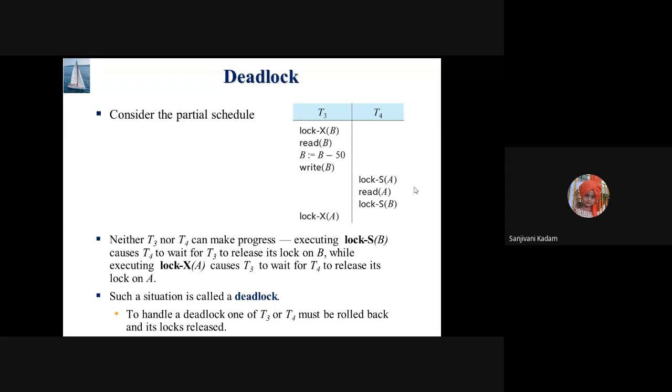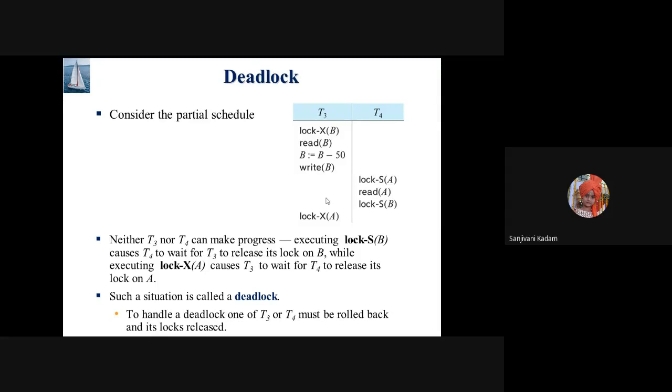So it means there is a circular waiting of these transactions. Through this way our database will reach a deadlock state. Deadlock state means that there is a circular waiting of data items to release the locks.